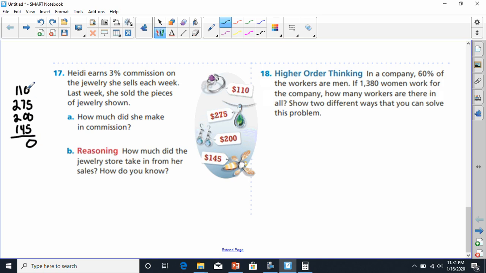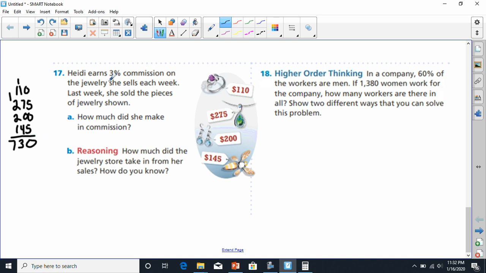Carry the 1. 1, 2, that's 9, 10, 11, 12, 13. Carry the 1. That's going to give us 7. So she made $730 in sales, but how much of that was commission?